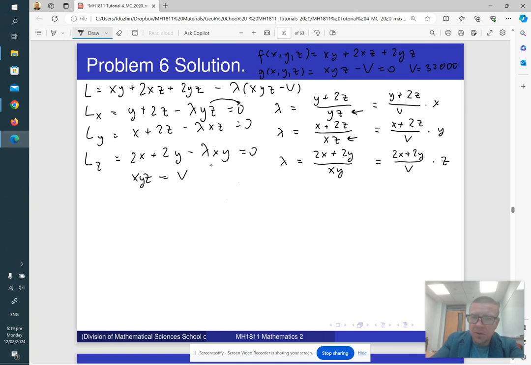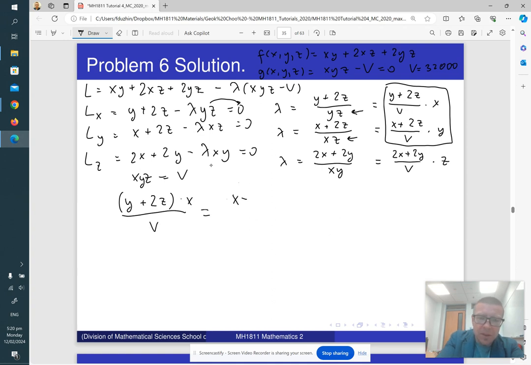So let me just combine the first two. Both of them are equal to lambda, which means that I can just equate them. So (y plus 2z) times x divided by v equals (x plus 2z) divided by v times y.